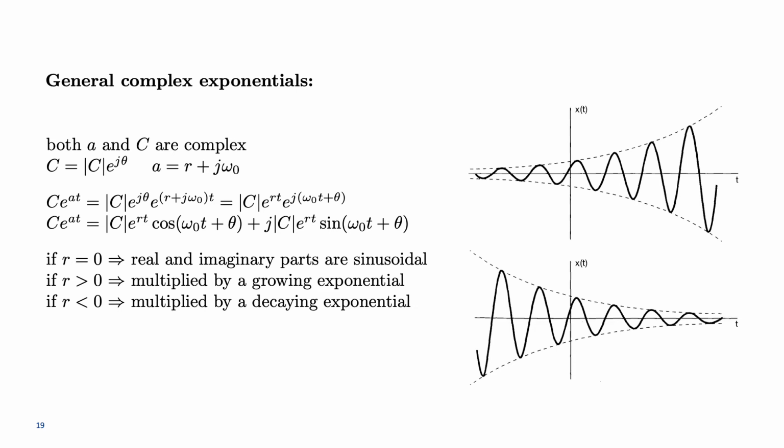If r is positive, then these sinusoidal components are multiplied by an exponential that grows. This looks like the figure on the top right. So there are oscillations, but they are multiplied by a growing exponential. If r is negative, then these oscillations are multiplied by a decaying exponential, like the figure on the bottom right.